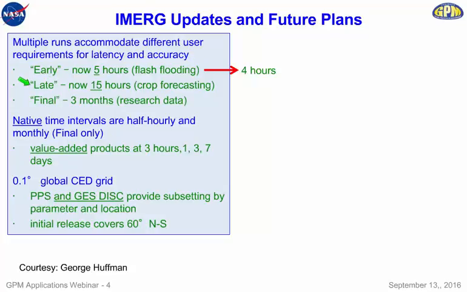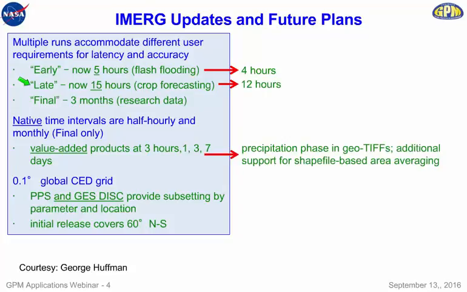Then there is the late product, which is 15 hours, that will become 12 hours. And then the final, which is a research quality data, which merges rain gauge data with satellite data, and that has 3 month latency. But the first two can be used for near real-time applications.